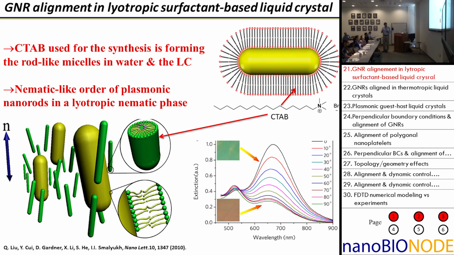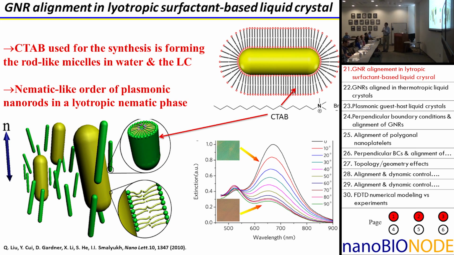Now, when you have such liquid crystals and you disperse metal nanoparticles inside of such medium, the nanoparticles spontaneously order as well, right? And so the first example of this being the case, I would like to show you in here. What we have is essentially a liquid crystal that's produced by micelles of surfactant molecules, right?